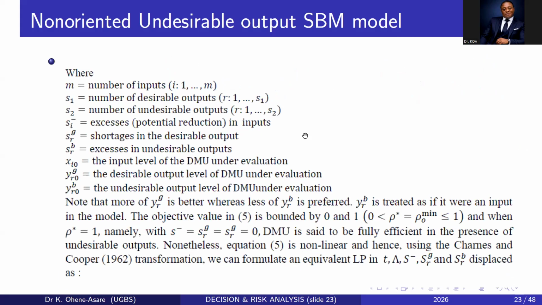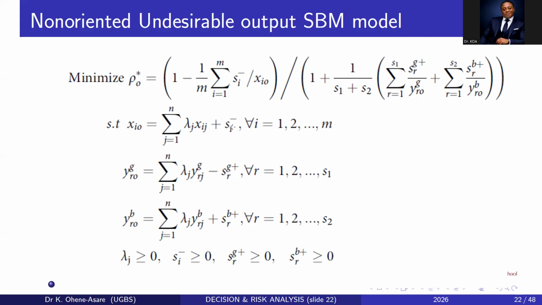Now that you've understood the mathematics, of course, these are all the information. Please, the slack represents the excesses. You have to tell me which slack you are talking about here. I'm talking about the one with plus, the first one, SI negative, just the input slacks.